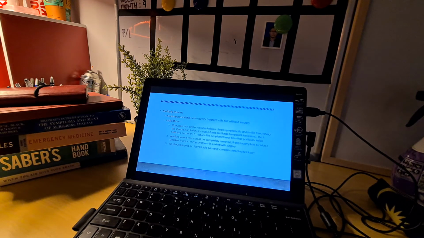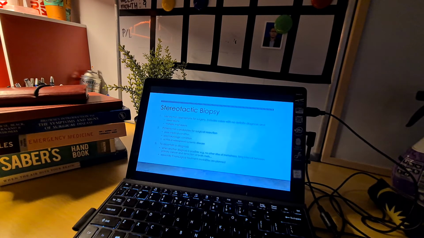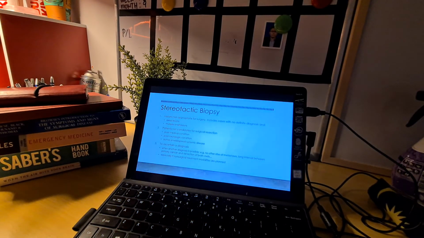And if there is no diagnosis and no identifiable primary, we can consider stereotactic biopsy to determine the type of the cancer. Stereotactic biopsy is for lesions not appropriate for surgery, including cases with no definite diagnosis, deep lesions, and multiple small lesions.